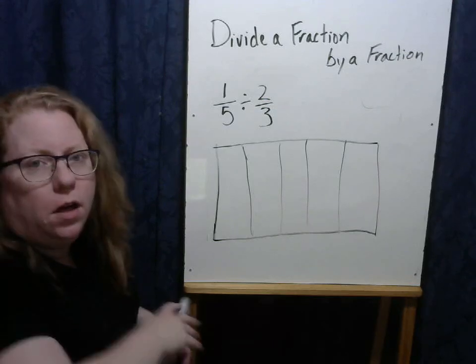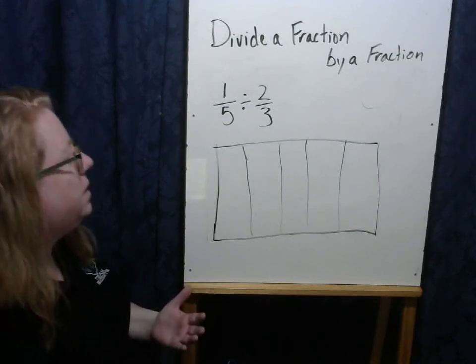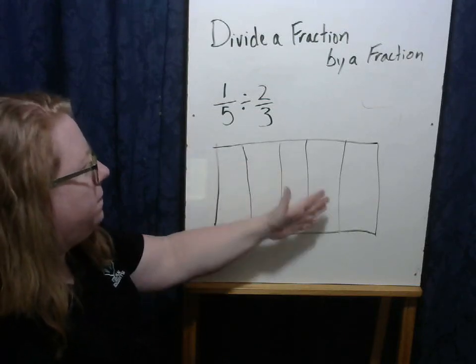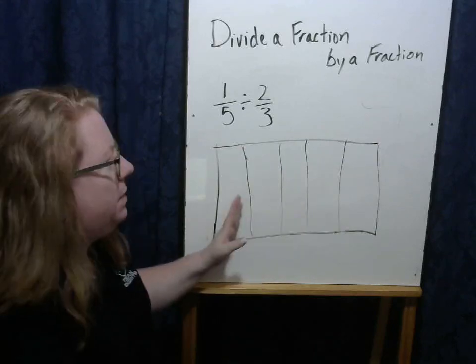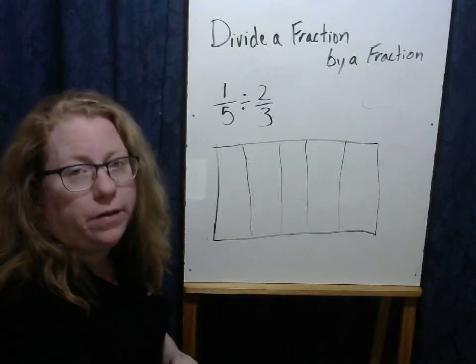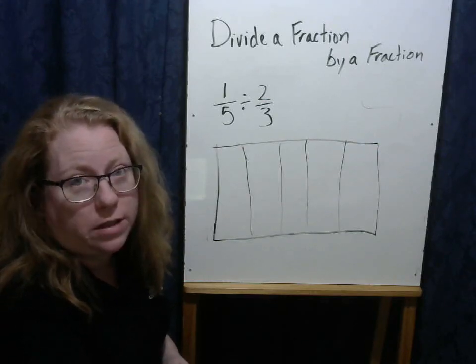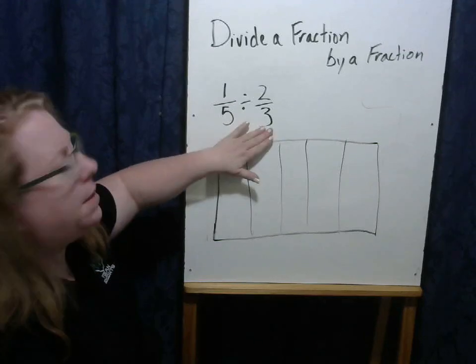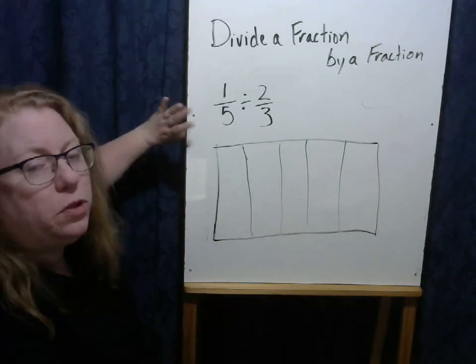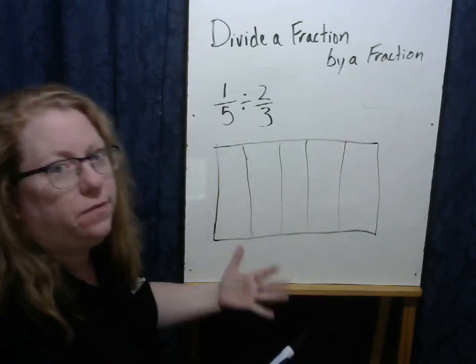But the problem I have here is that I can't quite figure out how to get 2/3 because I'm dealing with fifths. So we're going to rely on our knowledge of finding equivalent fractions. We need to find a common denominator for each. Okay, so the least common multiple of 5 and 3 is 15.